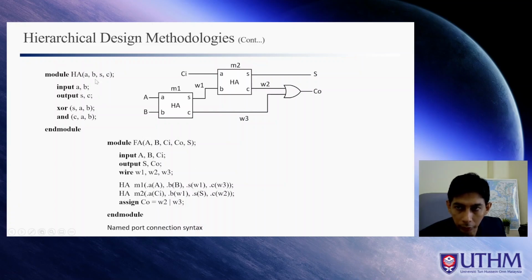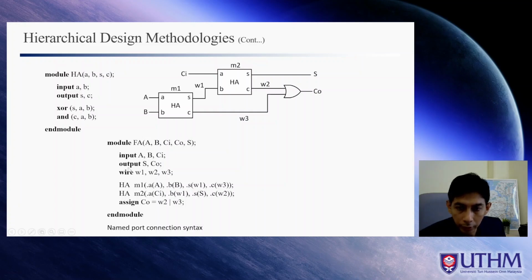All right. So we have a smaller design as a sub module here, and this new module, new circuit is called FA, and we have A, this is A. We have B, this is B. We have CI, this is CI, and we have CO, this is CO, and we have S, this is S. And we need to describe all the inputs and outputs, and of course the wires.